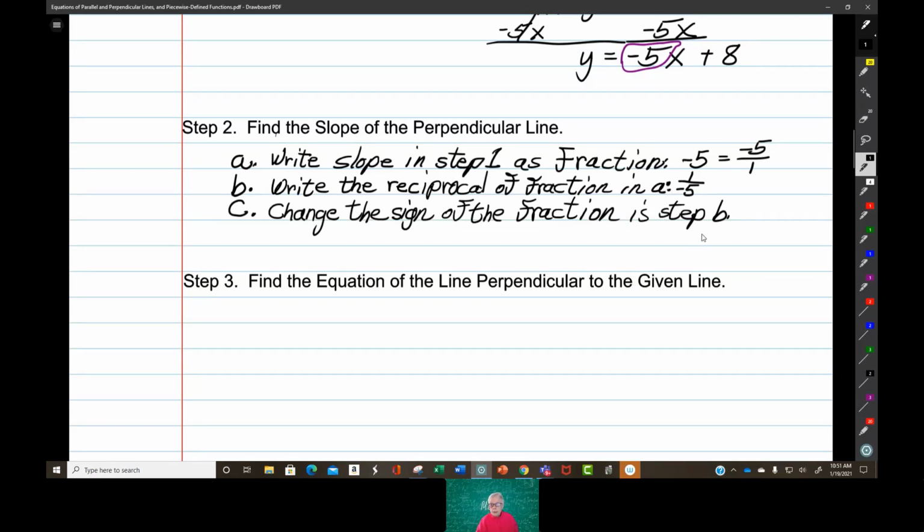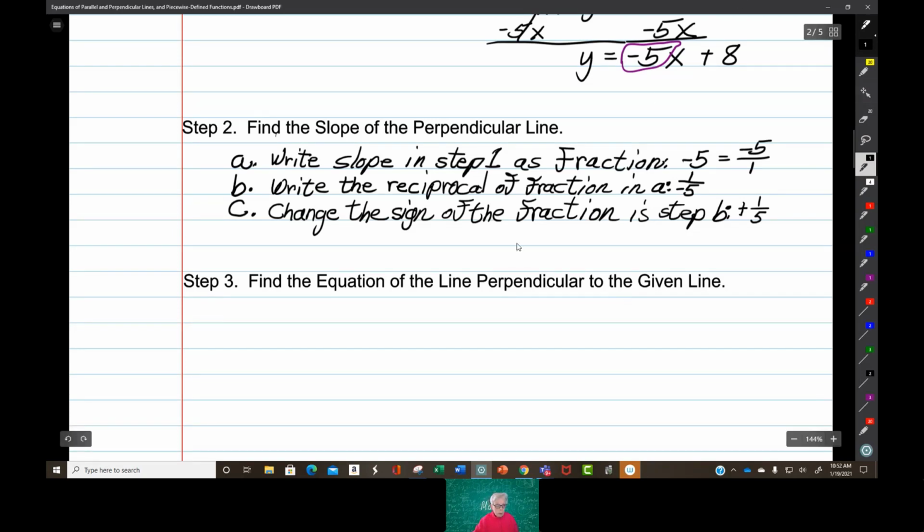If I'm going to change the sign, well, let's see, 1 over -5 is -1/5. If I'm going to change the sign, the negative will become positive. So the slope of a line perpendicular to the given line is +1/5.